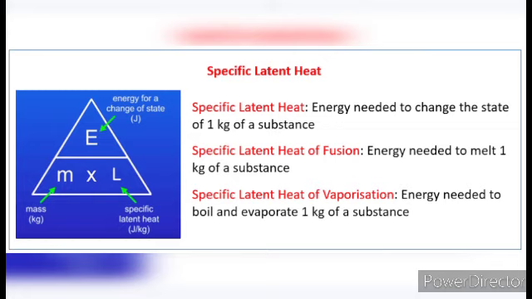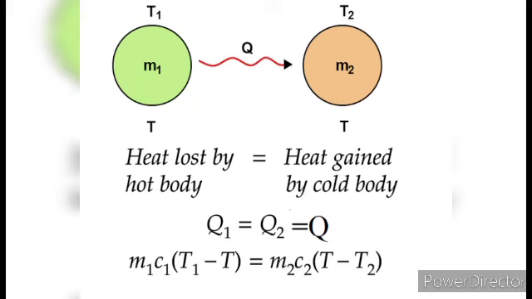It gives you Q equal to M into L, and we have two formulas, Q equal to M C delta T and Q equal to M into L, and I have also said that heat gained by a body is equal to heat lost by another body. That is the principle of calorimetry. These three formulas are really important for you so that you can do your numerical work. That said, the numerical video will be separate.